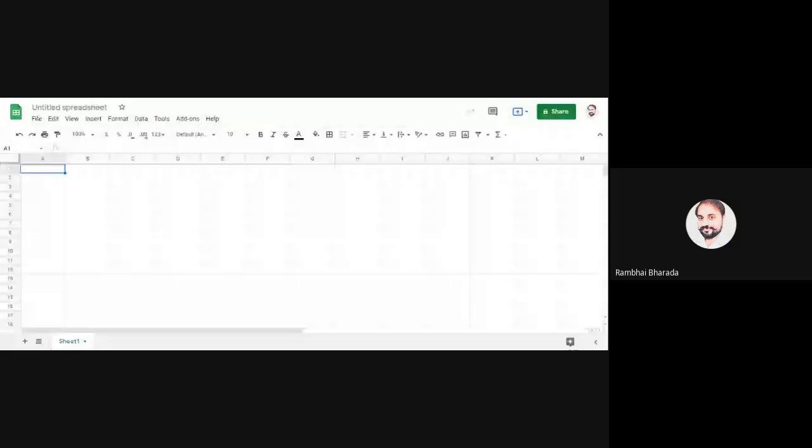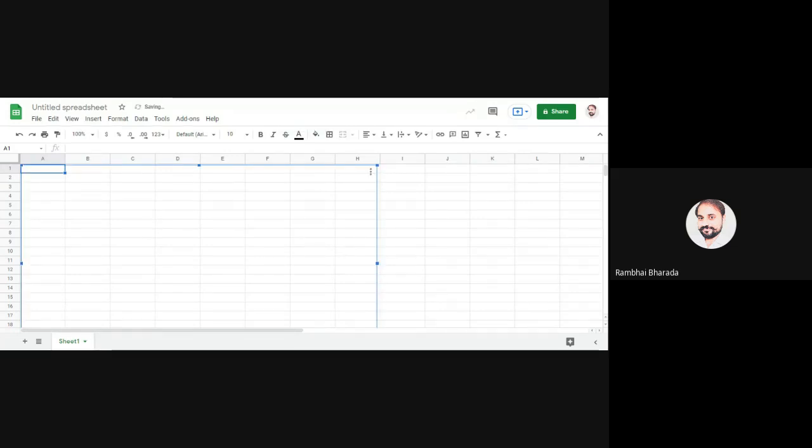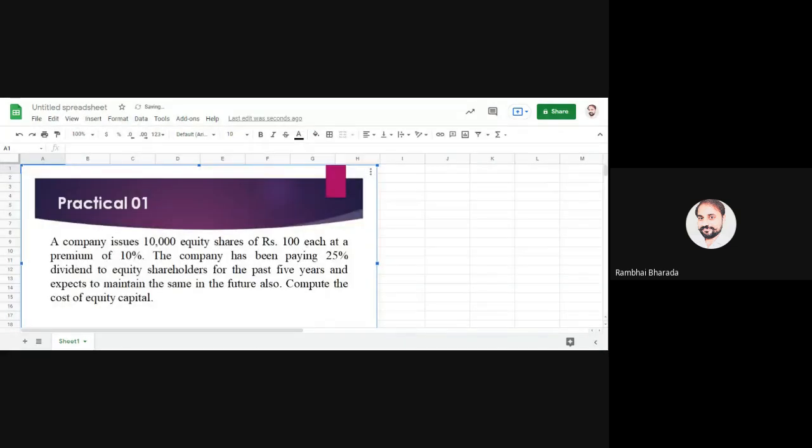So let me share the Google Sheet, and then we go for the further discussion about a practical question. Is this visible to all of you? Now here is our first practical question.